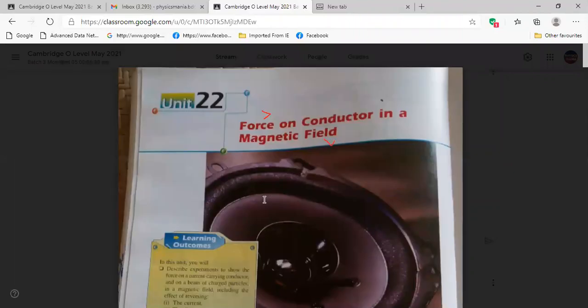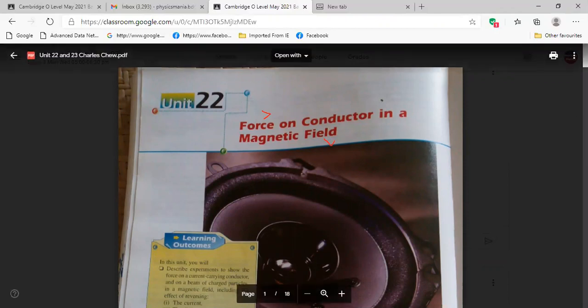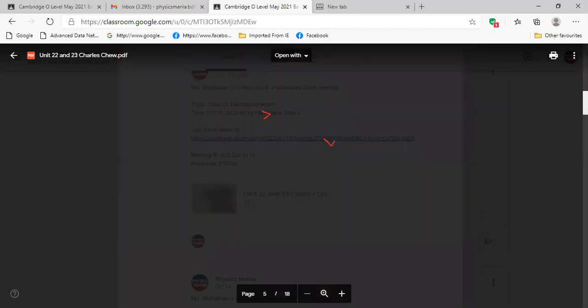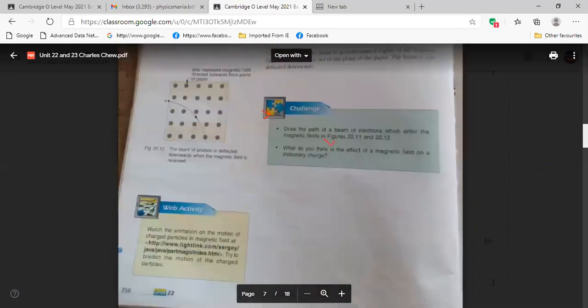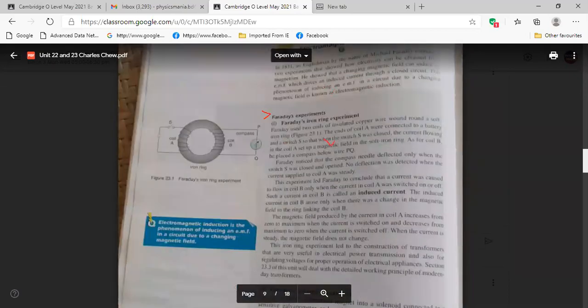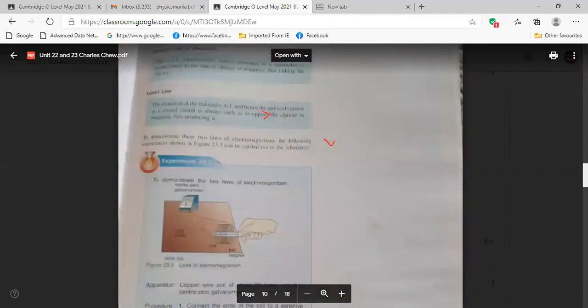We didn't start Lenz's law. You wrote the heading of Lenz's law, right? Yes, only the heading. Okay, very good. That day the network was disconnecting again and again. Otherwise we could have gone forward a little bit.